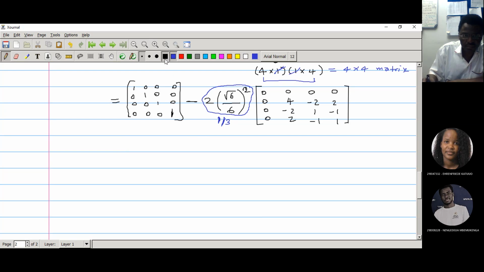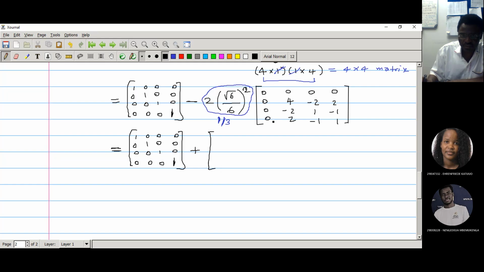So step by step, this is equal to, I will copy the identity. So we have the identity there. Now we say plus. Now this is negative 1/3, so I will multiply all the entries.